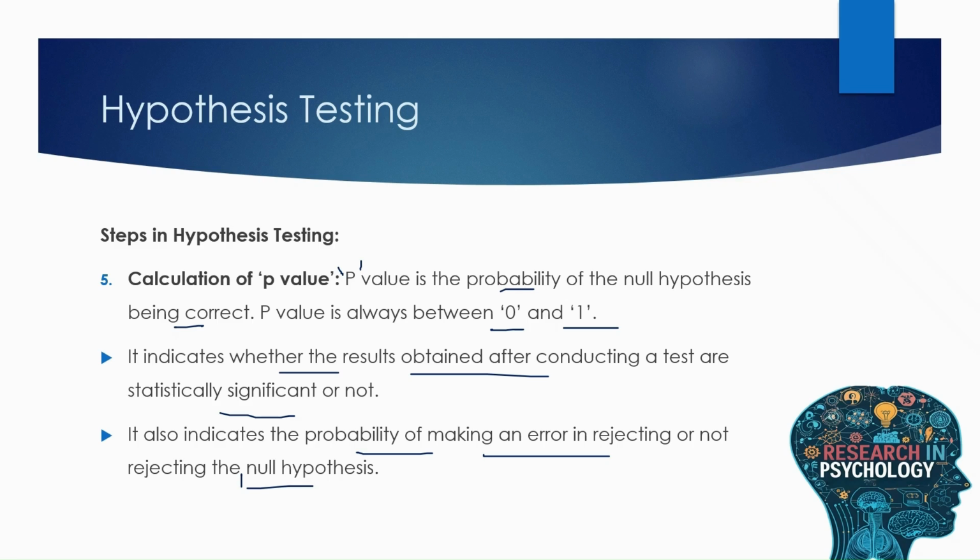So the p-value will also tell you the probability of whether you are accepting or rejecting the null hypothesis in a wrong way, or making an error in your judgment. This is what the p-value does. It tells you the probability of whether your null hypothesis is correct or not, or whether you are by mistake rejecting or accepting a null hypothesis.